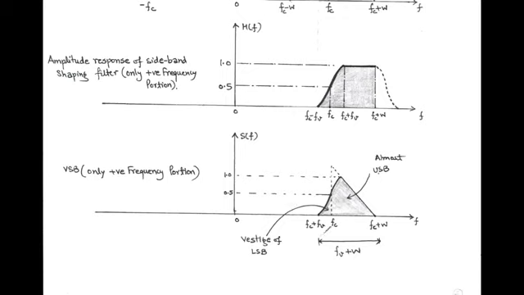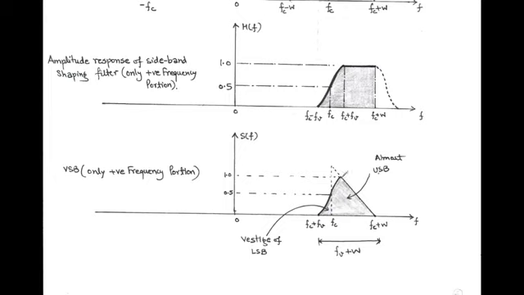The vestige of the LSB lies between frequency fc minus fv and fc, that is the carrier frequency, and almost the entire upper sideband is passed through the bandpass filter, limited between fc and fc plus W. So the transmission bandwidth for the vestigial sideband is equal to fv plus W. Here fv is called the vestige bandwidth that belongs to the lower sideband, and capital W is the bandwidth of the upper sideband, which is similar to the bandwidth of the message signal.